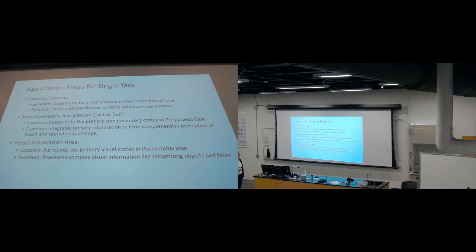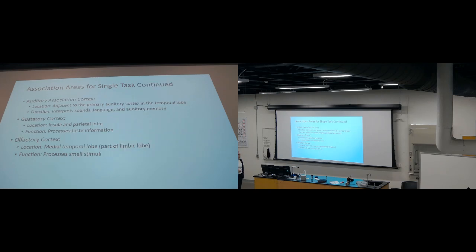Visual cortex association area is also located in the occipital lobe, a little bit anterior to the primary visual area. And this one helps us to recognize objects and faces.